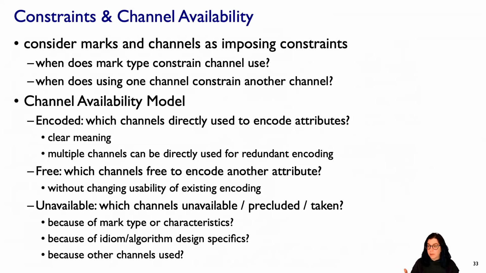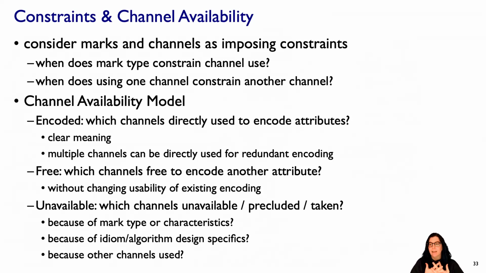Now, it could be that a channel isn't being used, and you could go ahead and encode something else with that in a way that doesn't destroy the meaning of what you're already seeing. So without changing the usability of an existing encoding, there could be channels that you could use if you want to add additional attributes. Now, it's also possible that some channels are unavailable, right? They're taken.